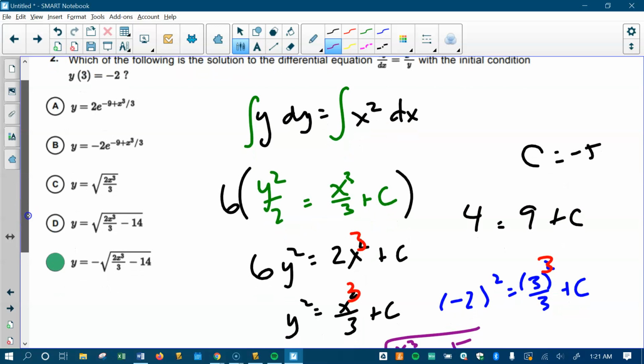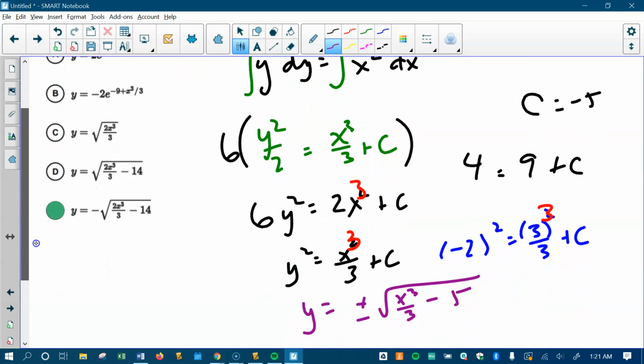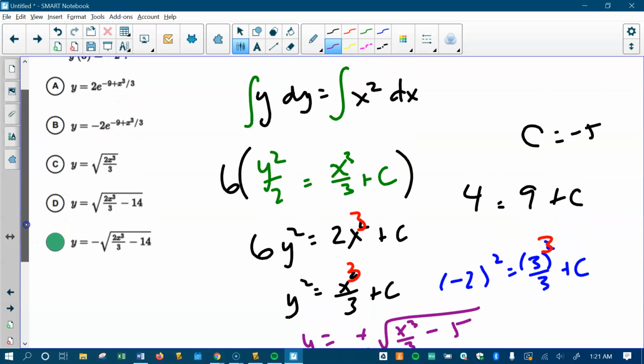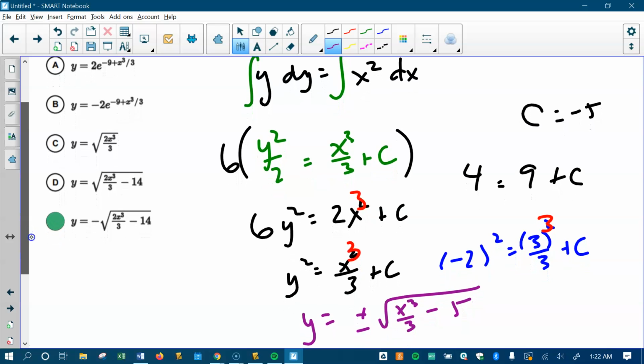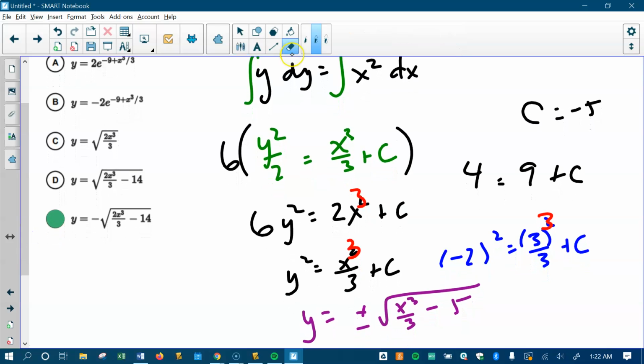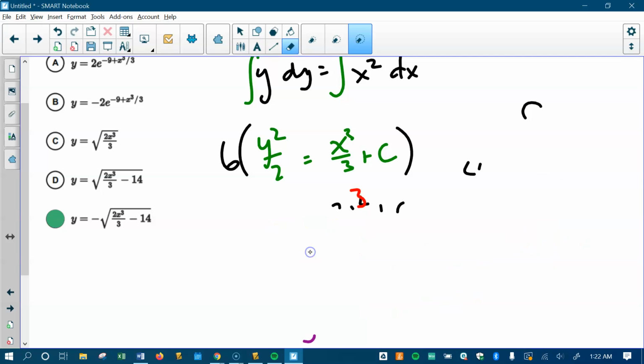Now I'm already noticing that this answer is not in the answer choices. So I'm going to reevaluate my approach here. I'm going to take everything off because my answer is not on here. Instead of multiplying everything by 6 and getting too fancy, I'm just going to multiply by 2.